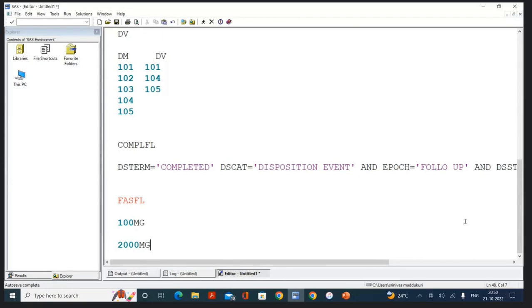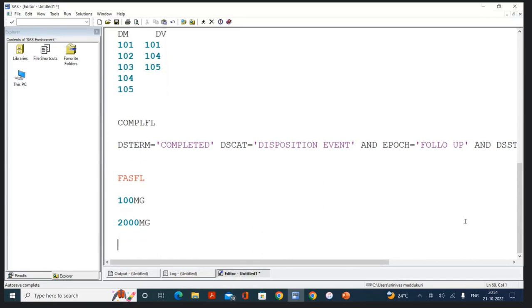The cumulative dose is going to be greater than 2000. So that means you should take at least 2000. Then I'm going to consider that subject for full analysis set. And it entirely depends on the study. There is no specific fixed rule. Now, in one of the cancer studies, I have, for example, 30 cycles.